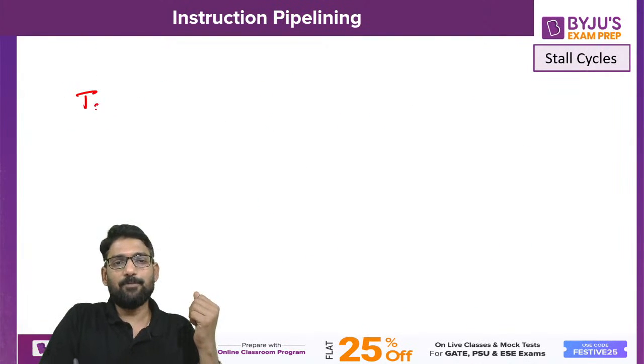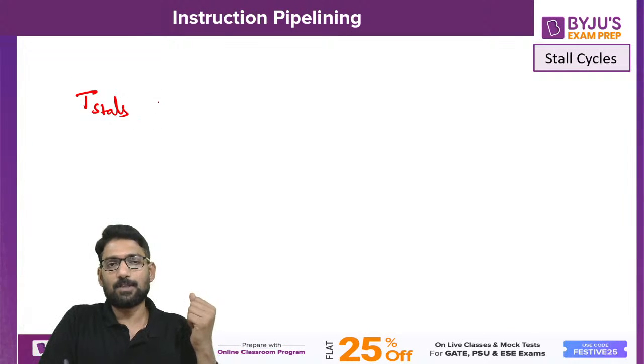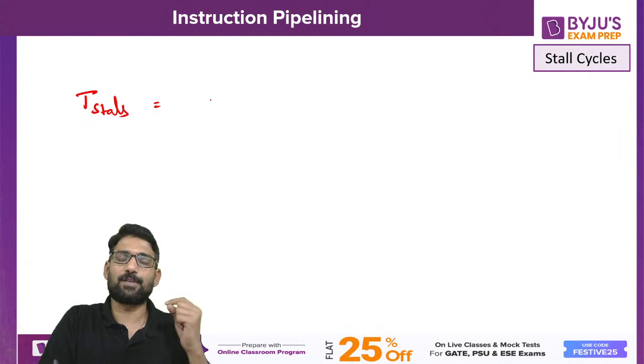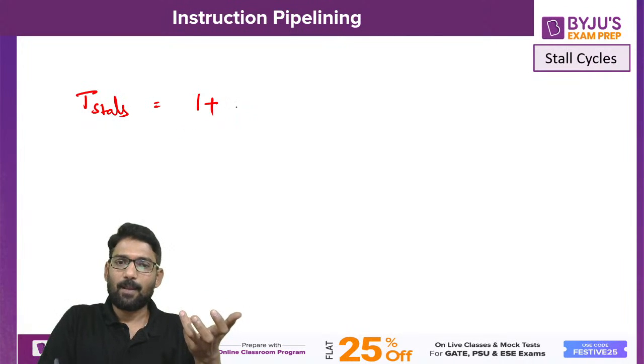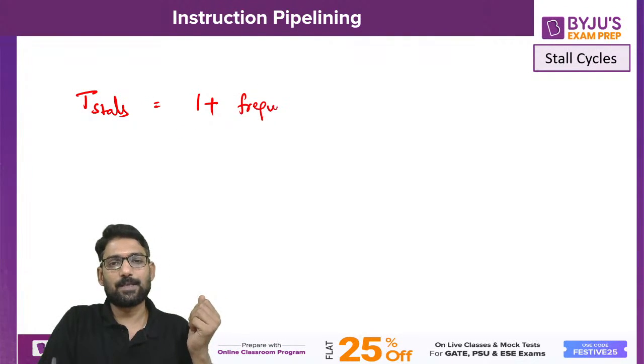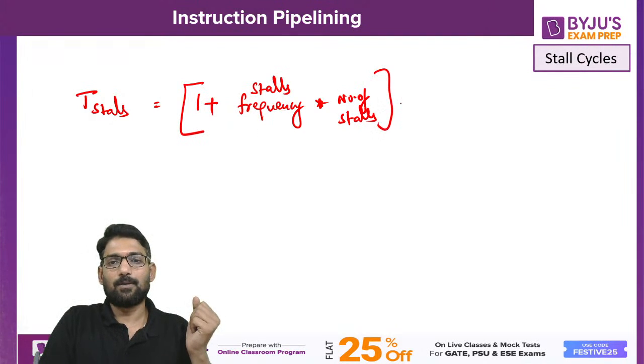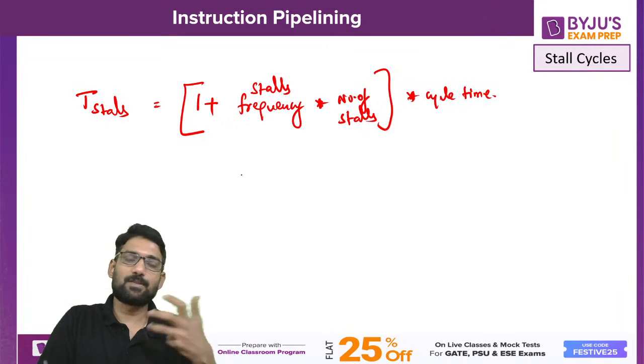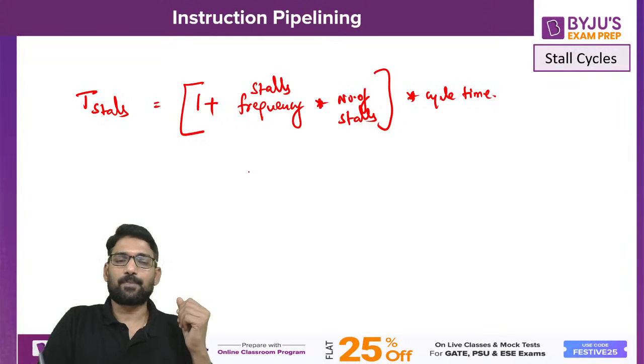The time, first we calculate for one instruction: ideal CPI, that is cycles per instruction, plus stall cycles frequency, how frequently the stalls occur, and once the stall occurs, how long that stall exists, and what is the cycle time. This is how we calculate the total time.